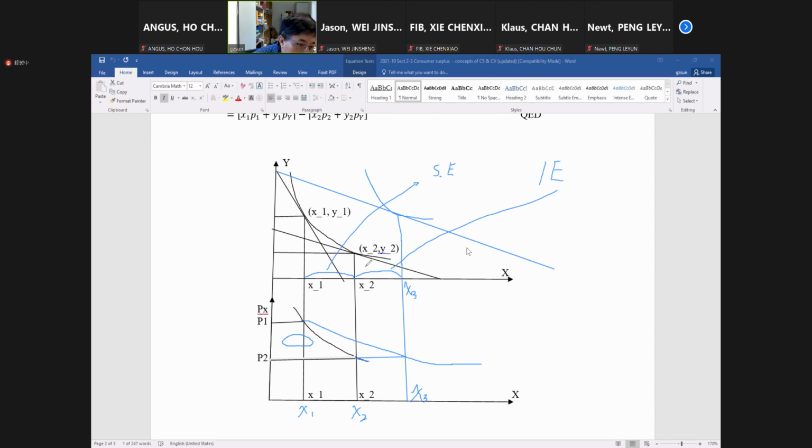The more money, the more we buy. Very simple. Now come back to our topic. For normal goods, this is the Marshallian demand curve, but this one is the Hicksian demand curve.